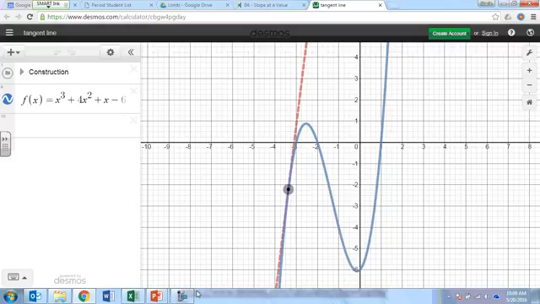But what do you notice about the slope of that red dashed line? Okay? Almost even with the blue line at that point, right? And how would you characterize the slope? Positive slope. Is it steep? Okay, very steep, right? So we've got a steep slope at this point, right?